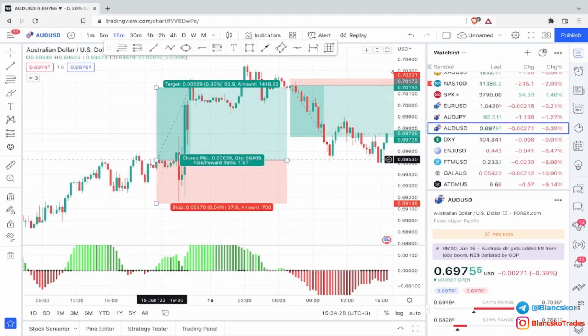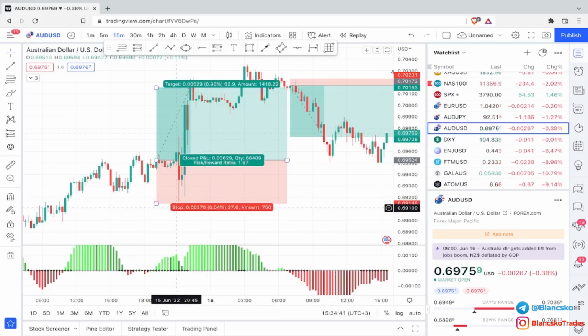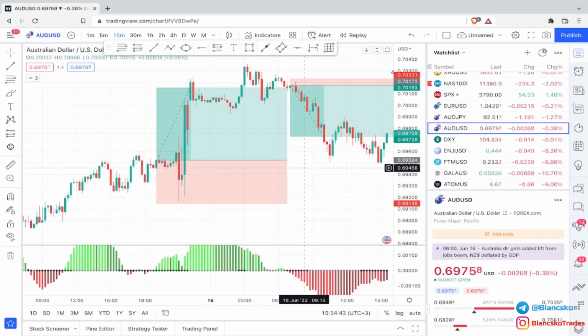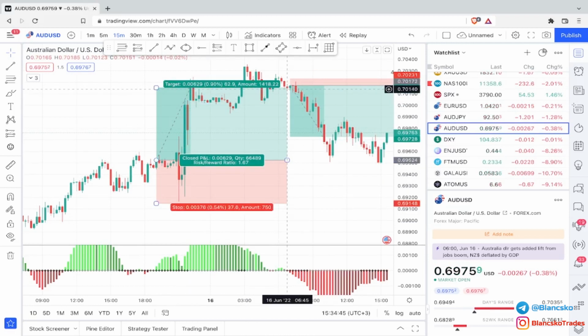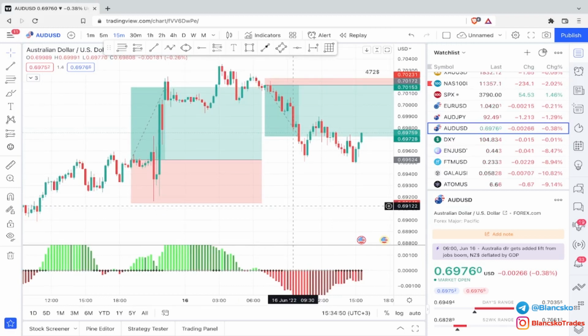But first the trade went into drawdown. The trade went into drawdown. So we had a drawdown of $370 before the trade went into profit, and we fully closed it here with a profit of how much?